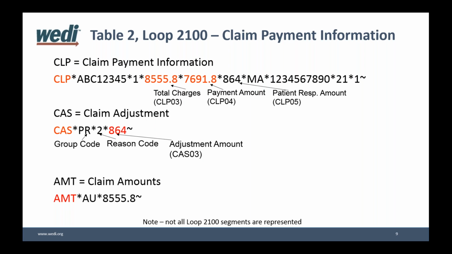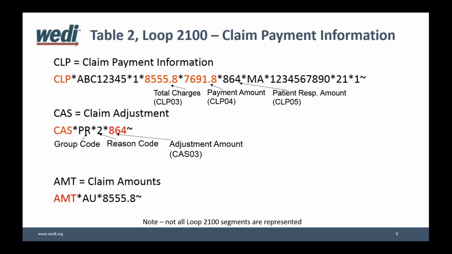Now getting into the detail at the claim level, these numbers make up the balancing. So CLP03, which in our example is $8,555.80. That's the total charges that will ultimately be used to make sure that all the service lines are reported and nothing's missing or not accounted for.